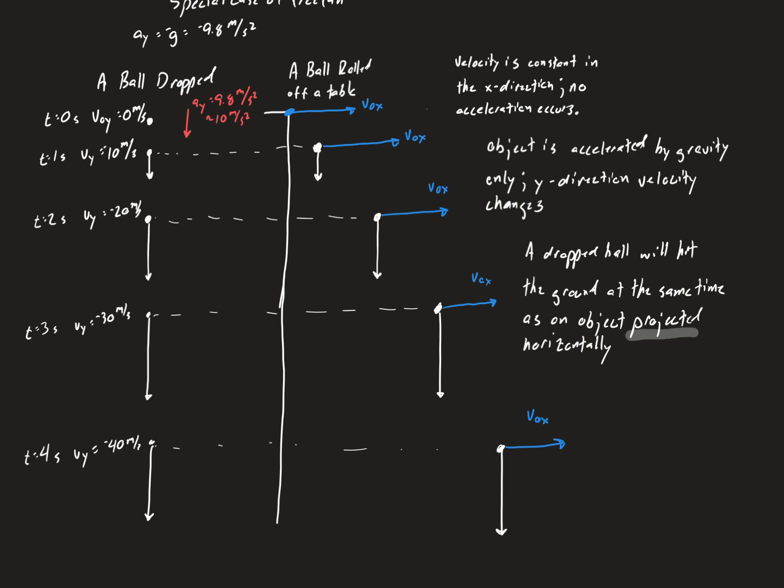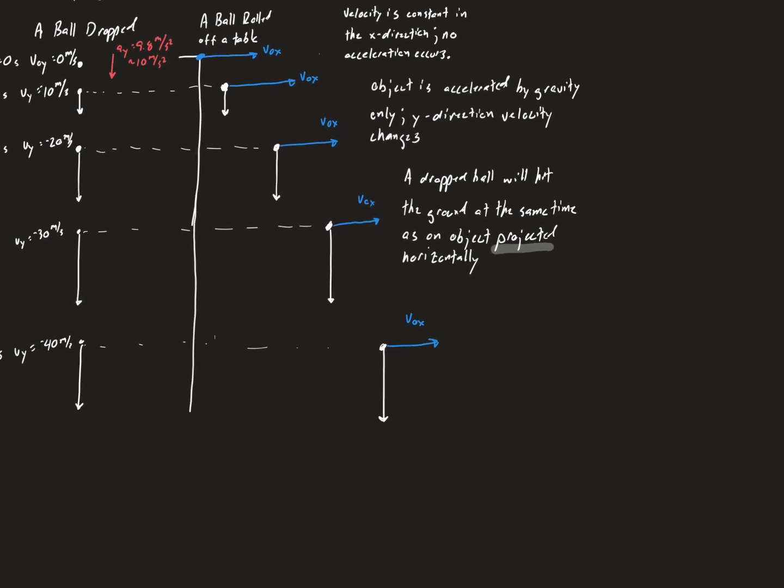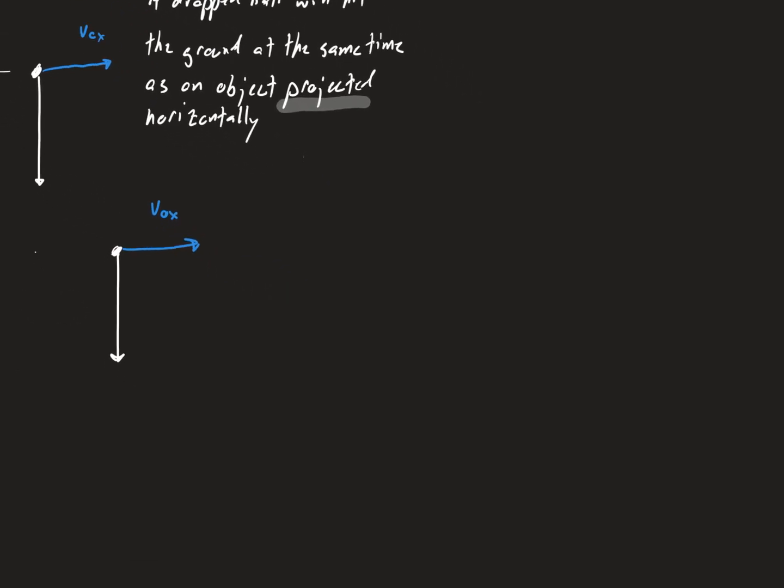So we have a lot of information here about this ball being dropped and being rolled off of the table horizontally. One of the things that is really interesting about this is all of the kinematic equations are valid. One of the things that will be most useful to us is understanding the fact that only acceleration in the y direction happens.